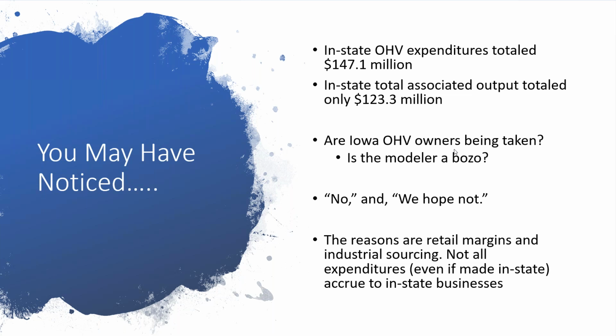For anything that is heavily retail driven, which this model was, you will have a lot of money that goes right through as cost of goods sold and right out of state, which leaks right away. And that's where this difference is. Next slide.